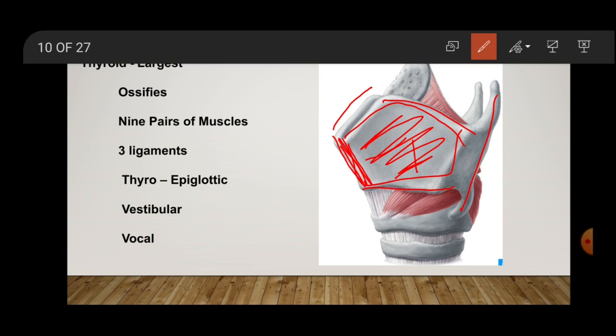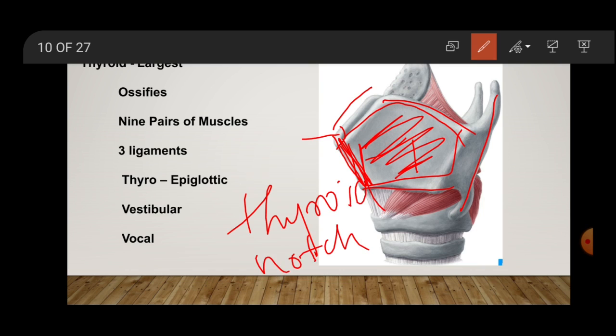We have seen about the anterior border already. This part where the anterior borders are separated, we call the thyroid arch.